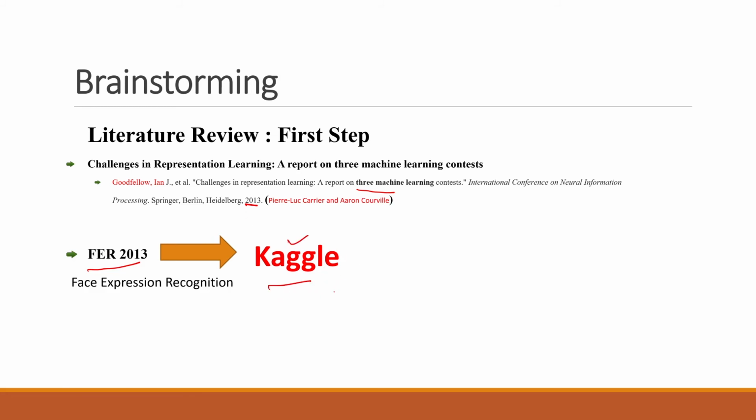For those who do not know about Kaggle, it is a website where, across the globe, when a company has some problem, the best way is that they introduce this problem to the Kaggle website, and a competition is launched.